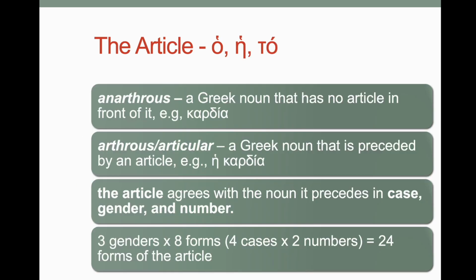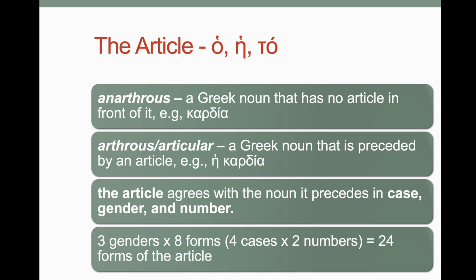Here are some terms about the article. If a noun is anarthrous, it means it doesn't have the article in front of it. If it's arthrous or articular, it has the article in front of it. So I've used two examples there, kardia, a heart, or he kardia, the heart.